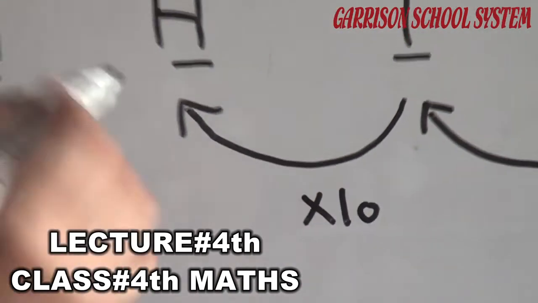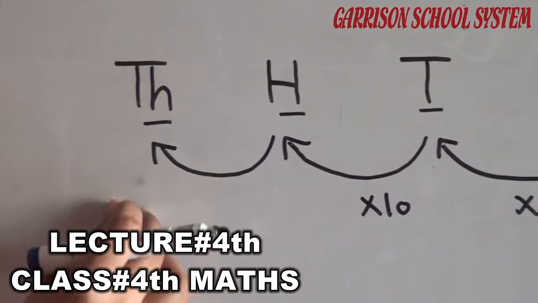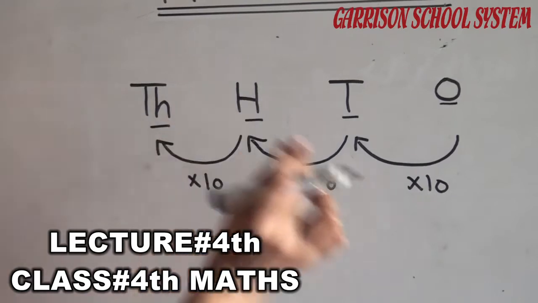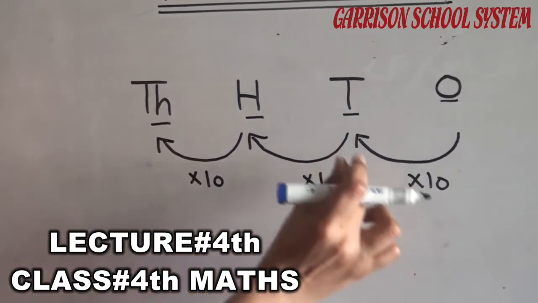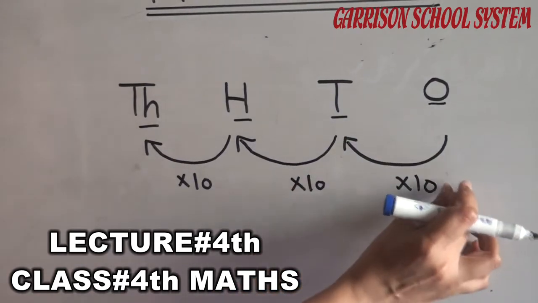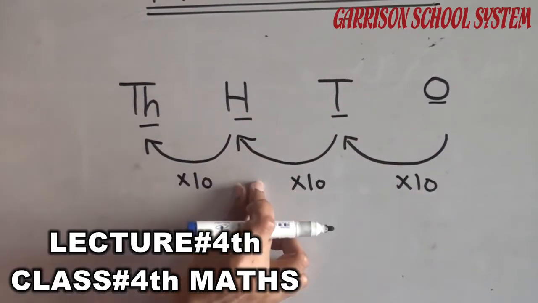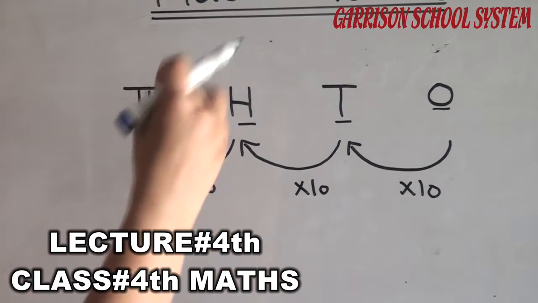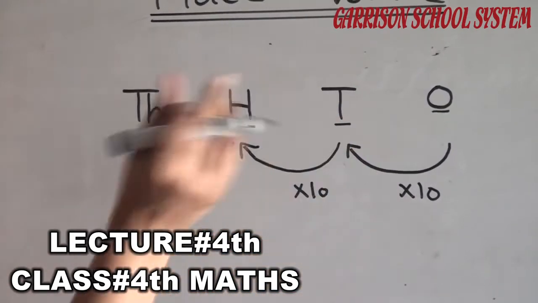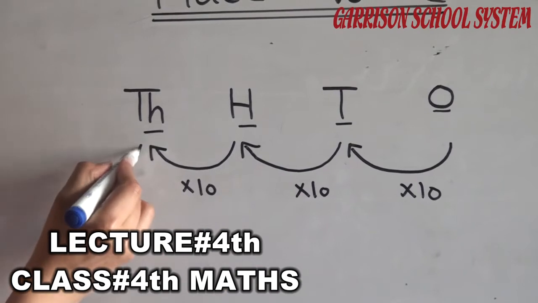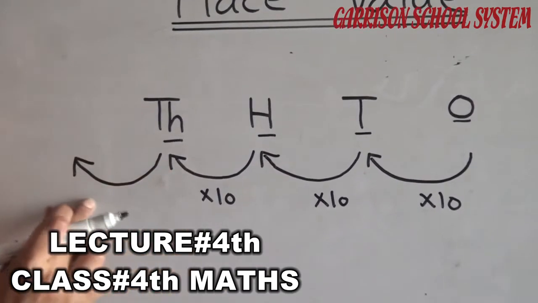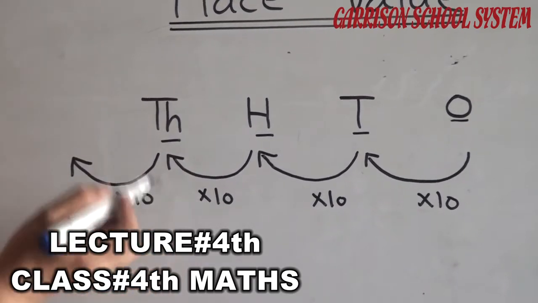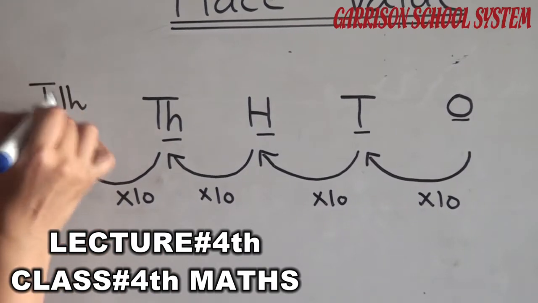In this way, when I move from the 100 place to the 1000 place, once again the digit gets multiplied by 10. When I further move from the 1000 place to the next, the digit again gets multiplied by 10 and it becomes 10,000.